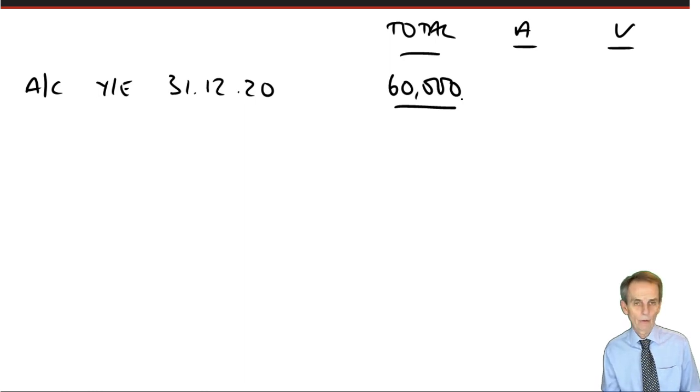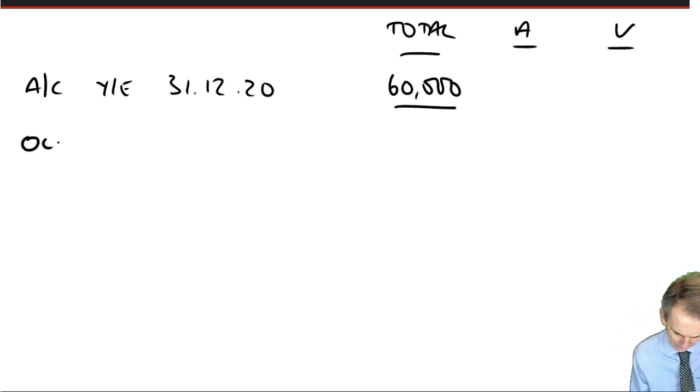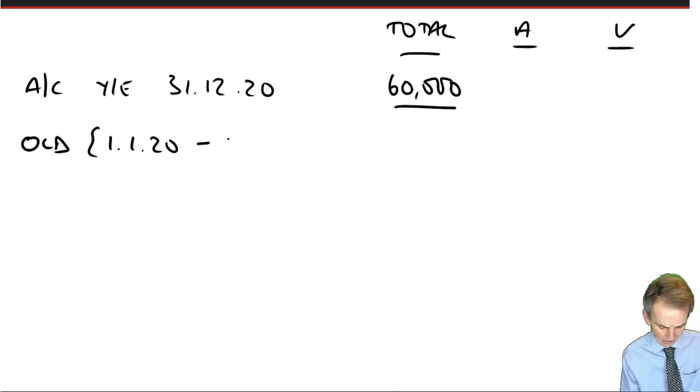All that we've got to do now is to split this accounting period into how many months on the old agreement and how many months on the new agreement. So our old agreement ran from the start of that accounting period, so the 1st of January 20, all the way through to the 31st of August of 20.